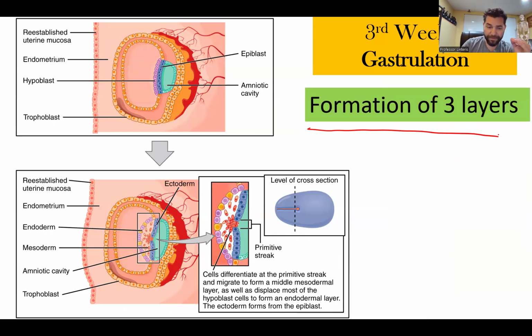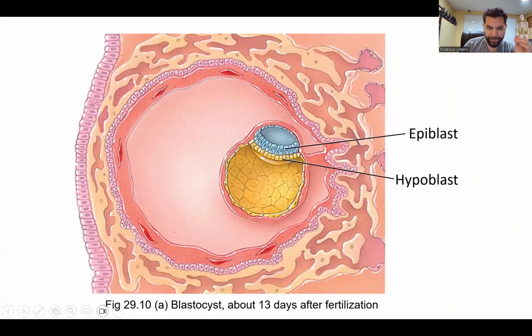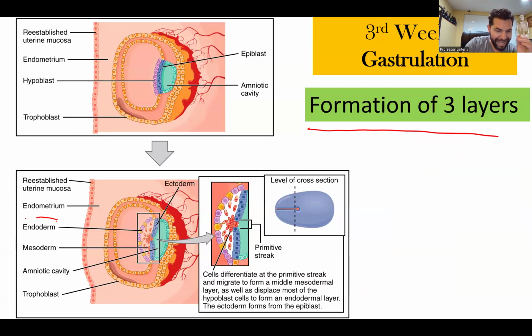And these 3 layers, right, coming off that epiblast, if you will, and hypoblast region, we see the endoderm, mesoderm, and ectoderm formation. These are the 3 germinal layers that we're talking about, right?